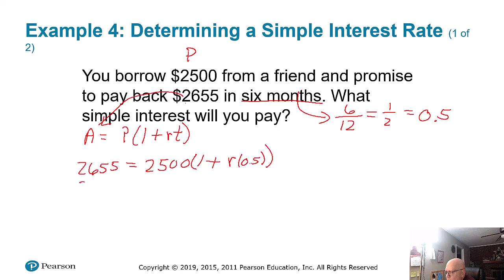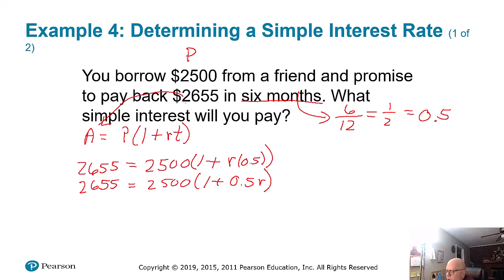You might want to rewrite that real quickly. Equals 2,500 times 1 plus, and we'll swap these two right here. So make it 0.5 R. There we go. Now we're ready to roll.